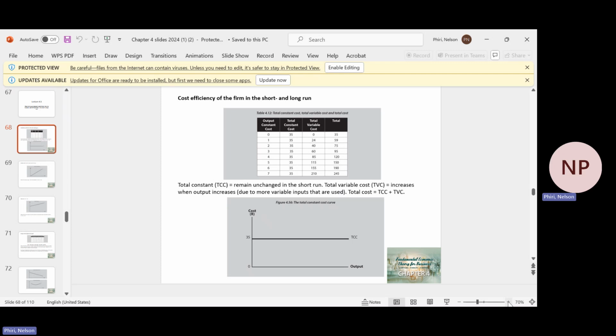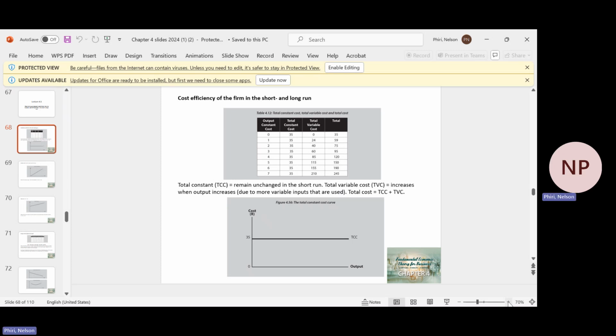Then there's also what you call your variable cost, which increases proportionately with an increase in output. So if you increase your output by 1 unit, we expect your total variable cost to also increase. Then if you put your total constant cost plus your total variable cost, that gives you your total cost.